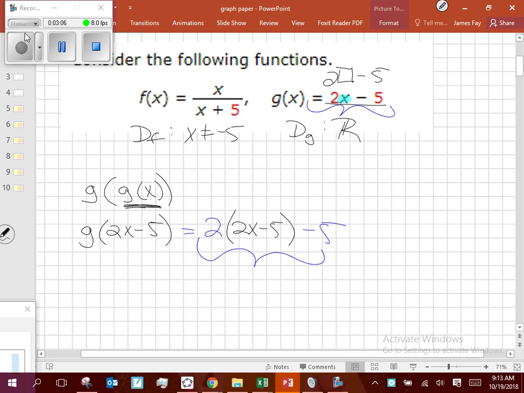So I think that might help some of us visualize what we're really doing here. If I simplify that, multiply by 2 through, that gives me 4x minus 15. Is that right? So that is g composed with g.